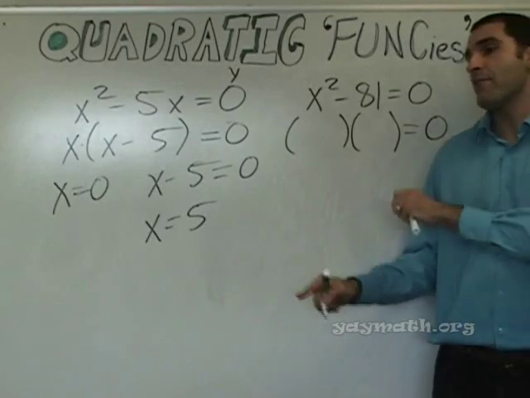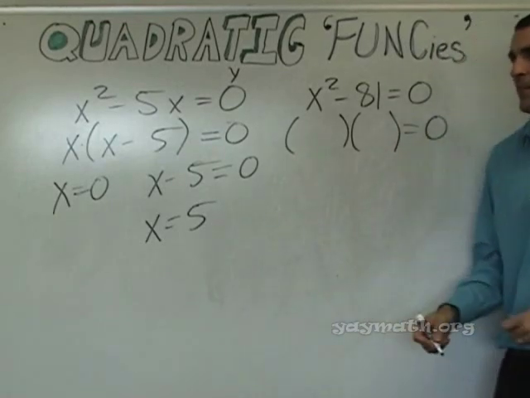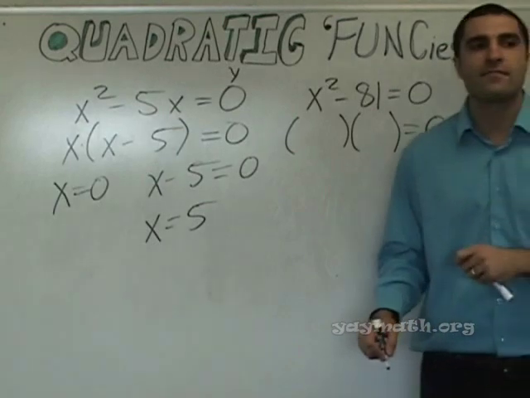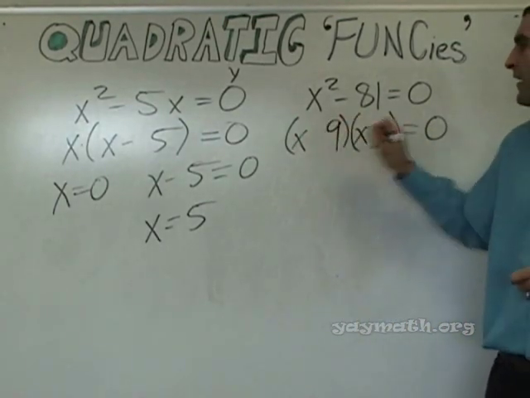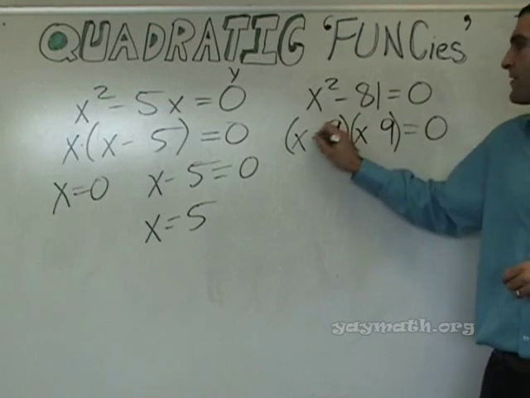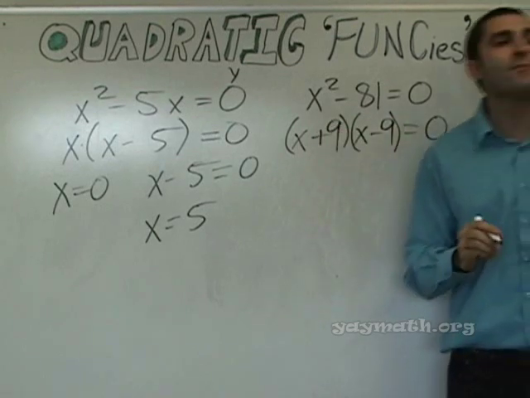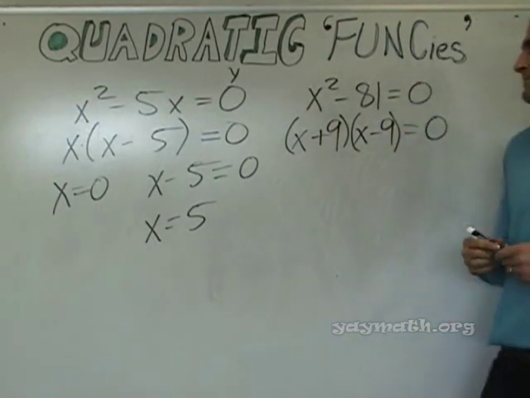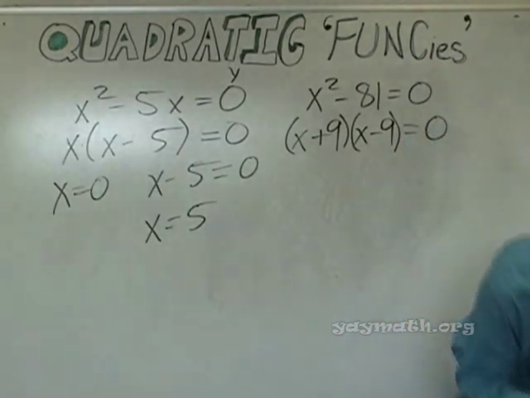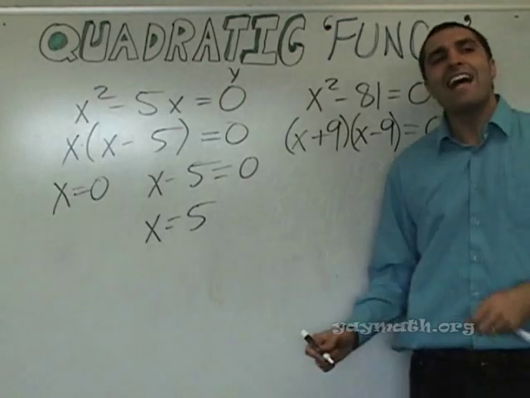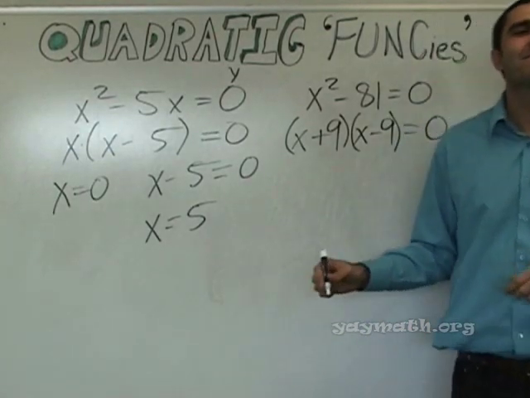That's solving not by factoring. I want to try to factor. X and X, 9 and 9, plus and minus. We're only missing one more 9, Mr. Kane. 9, 9, 9.